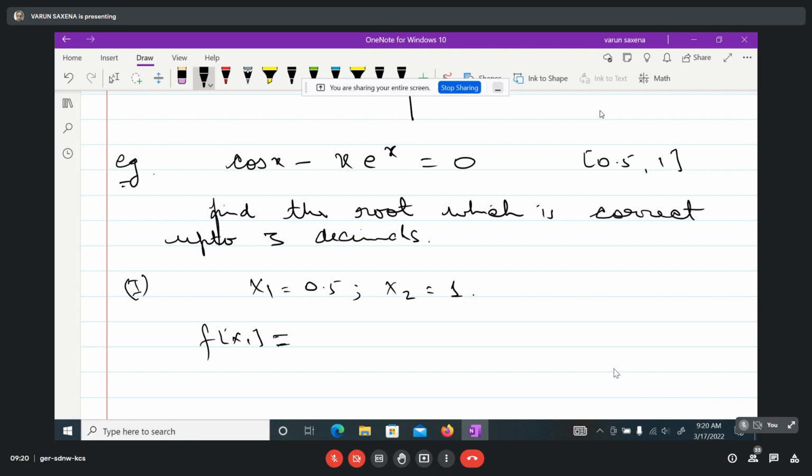Just a second, let me also check it. So cos 0.5 minus 0.5 e to the power of 0.5.